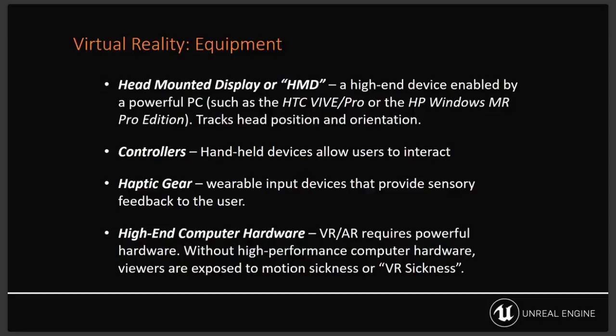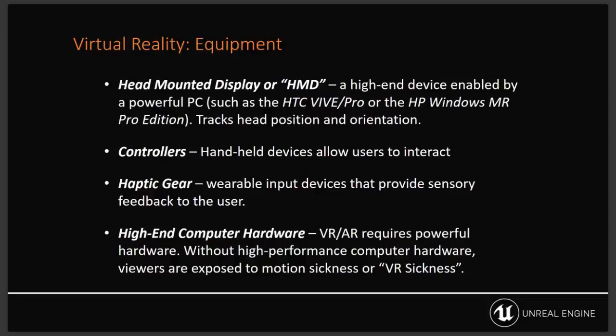And of course, we touched on this idea of high-end hardware. Using a very high-end performance system is important, because virtual reality and augmented reality require powerful hardware, especially when we get into really deep CAD data and we want to experience that in VR. We're really going to need that high performance hardware to give us the proper believability of that virtual reality experience.